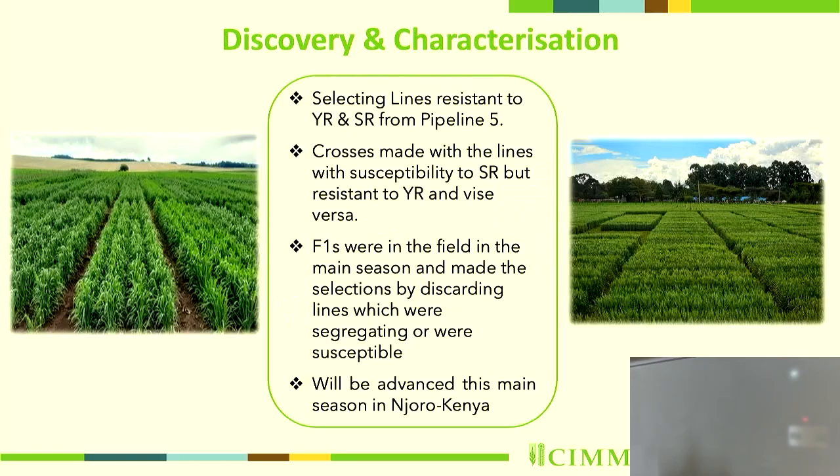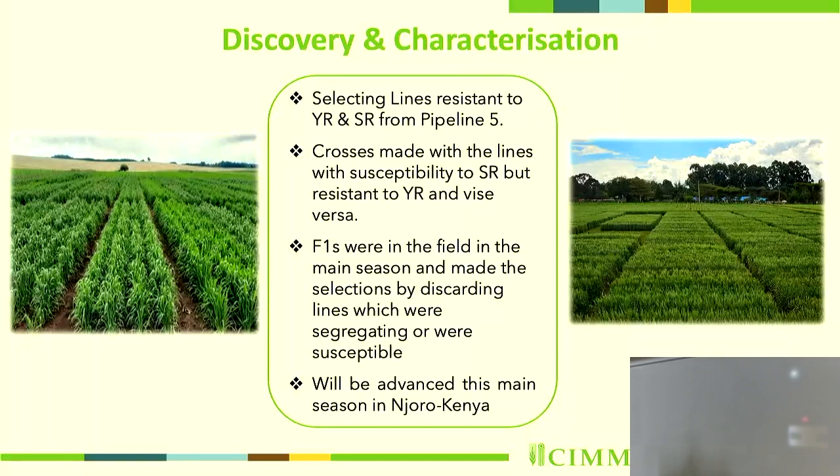Apart from that, another thing that I've started doing: I always work on discovery and characterization, making biparental populations. But after PstS16, I really like to walk in the field where the breeding trials of our East African breeding pipeline are, also the lines that are sent from Mexico. Some of those lines have been resistant for yellow rust and stem rust, and I select those lines.